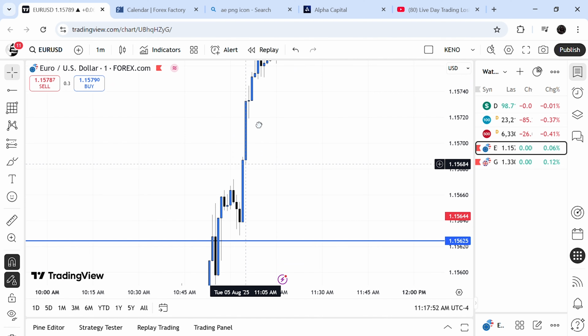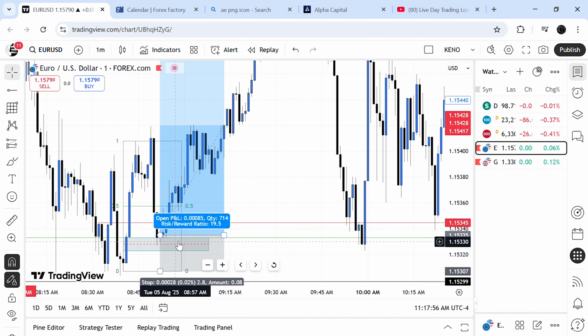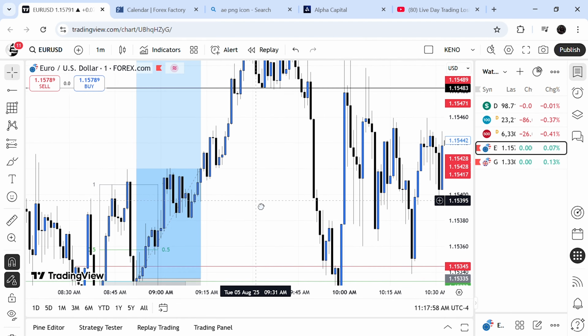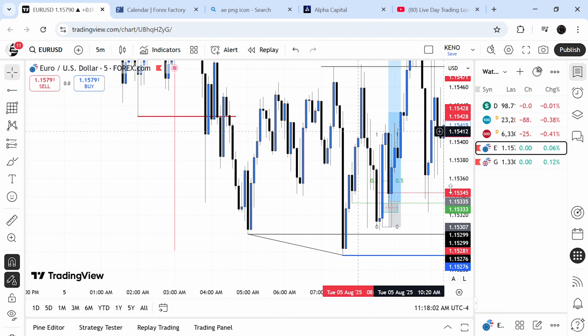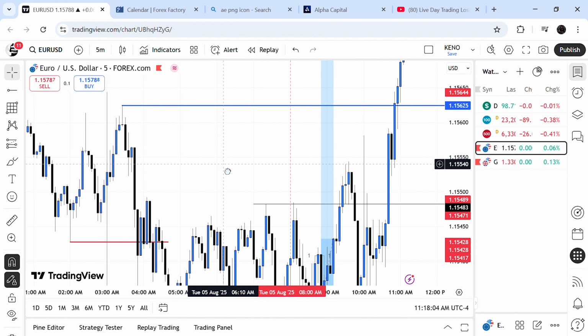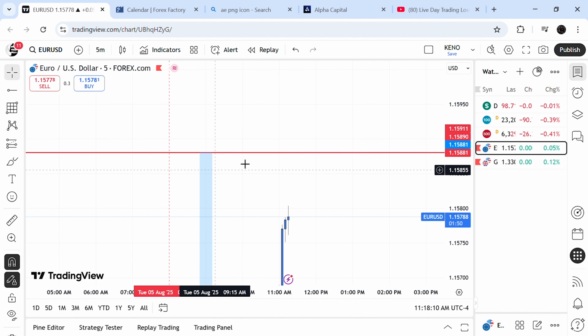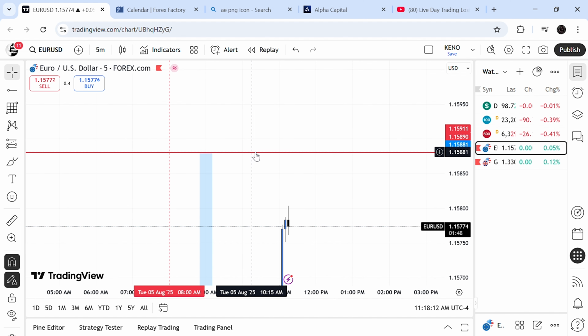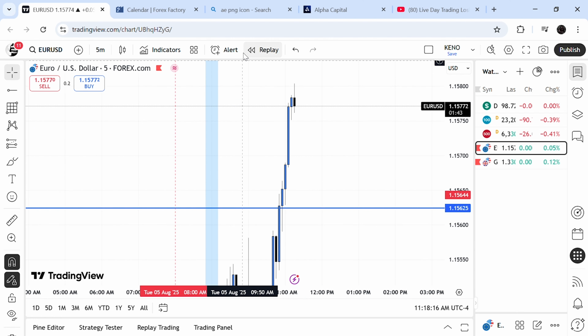So after that, my first TP got hit right here, and I moved my stop loss to break even. The second TP, I still have more trades running to this TP. So once this TP gets hit, all my position would be closed.